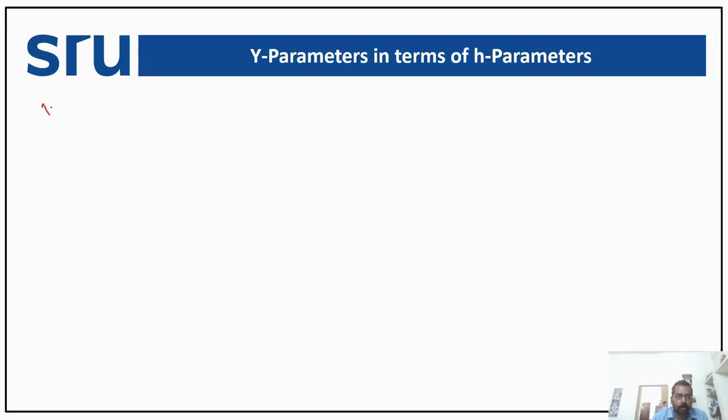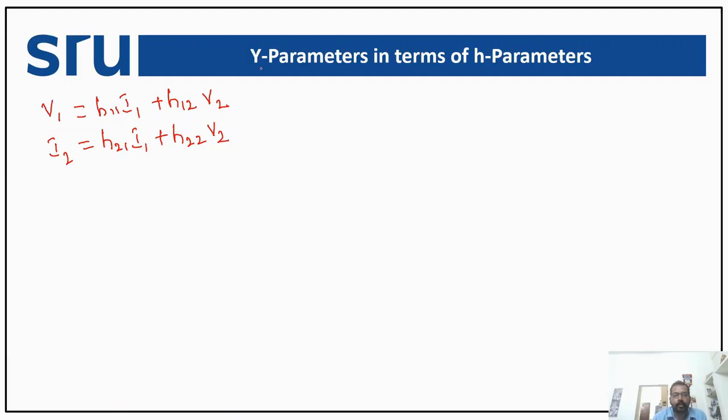So we are going to have V1 and we have I2. So it is V1 equal to H11 I1 plus H12 V2 and I2 equal to H21 I1 plus H22 V2.